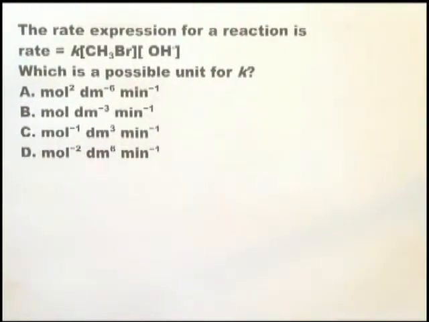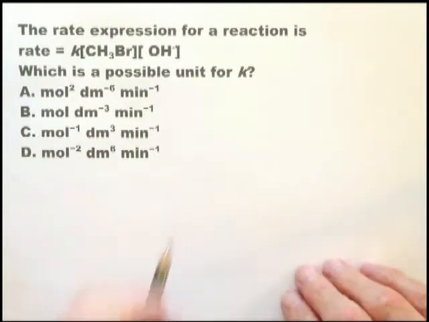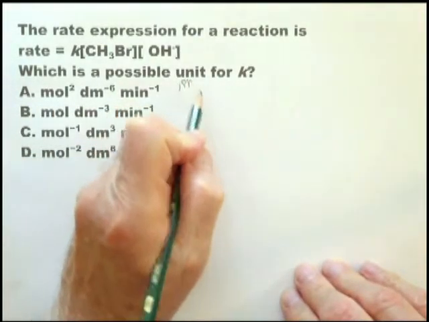This is one of those questions where you have to memorize either the units or a method for calculating the units. Let me show you a method for calculating the units. Let's take first order.